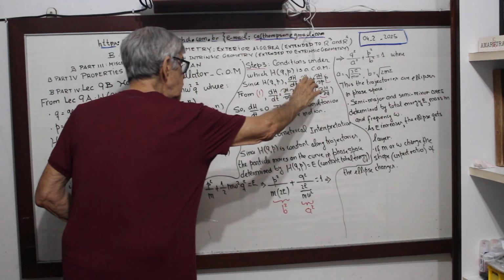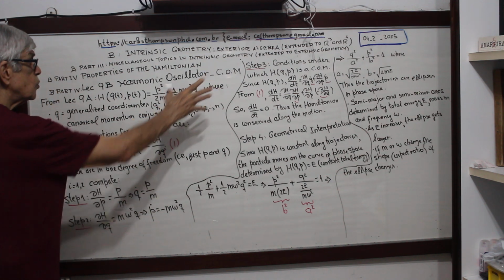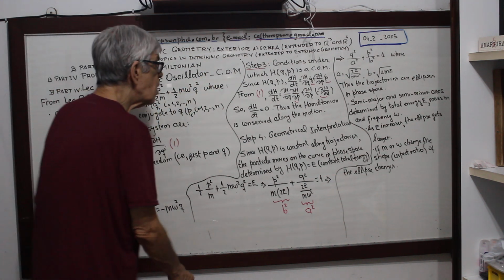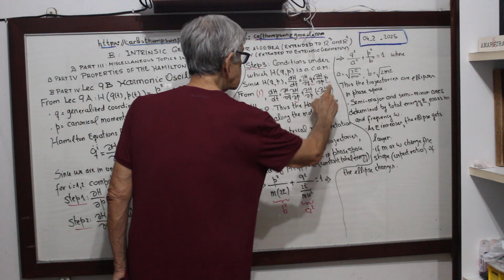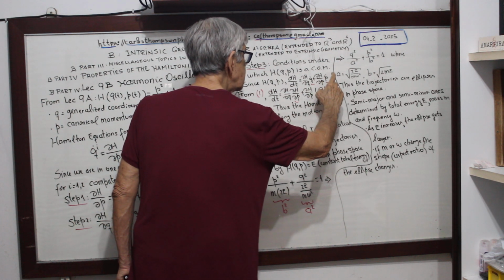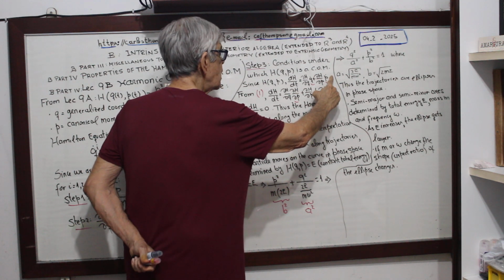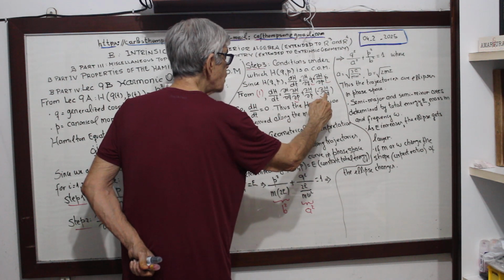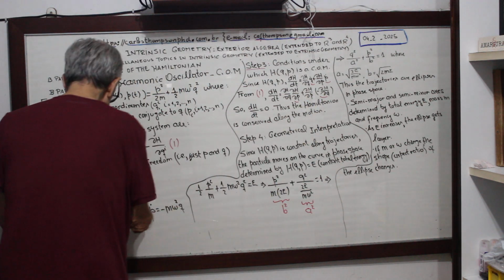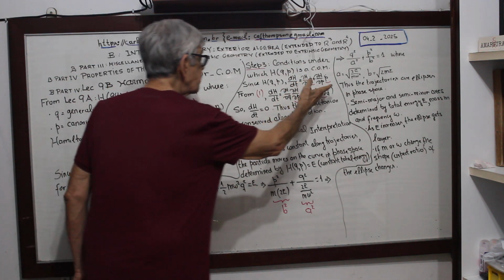You copy it from here and substitute over there. And this is partial H with respect to p, and p dot is dp/dt, the derivative of p with respect to t. Now just substitute also, look here, and substitute right over here.